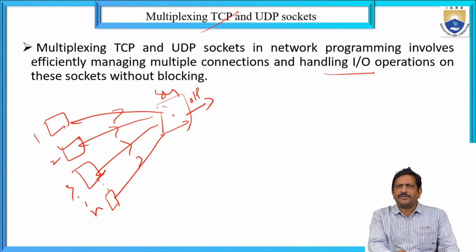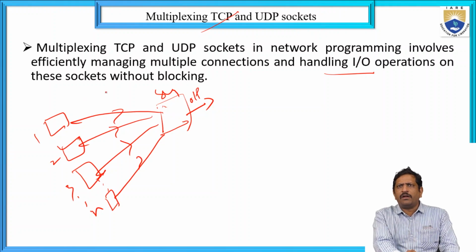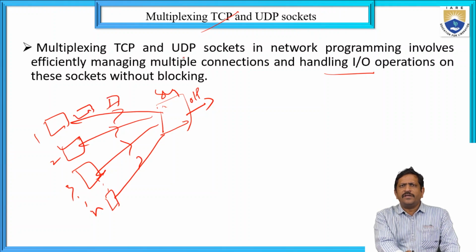Signaling, generally in communication, telecommunication or network programming, the communication happens over the network. We are sending packet signals from one device to another device, n number of packets.